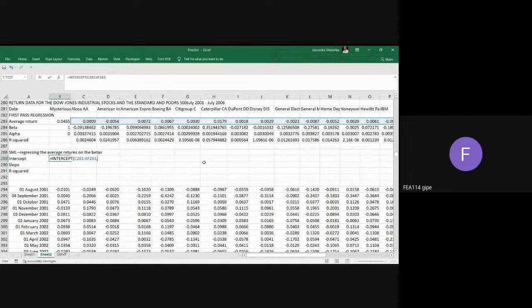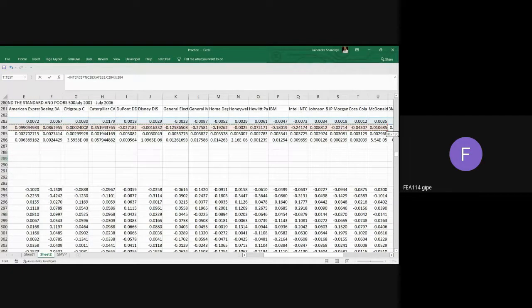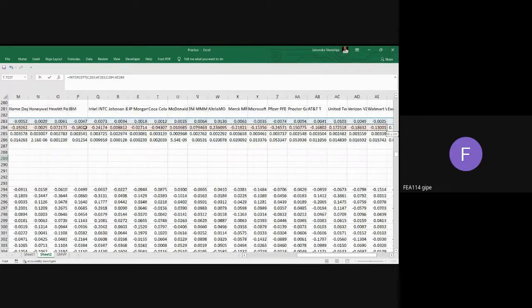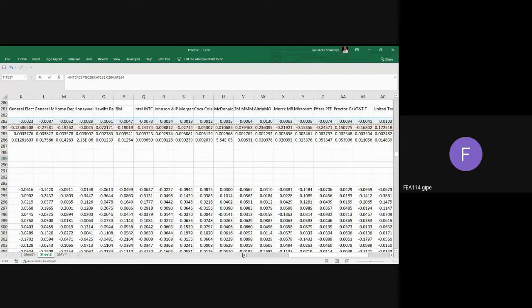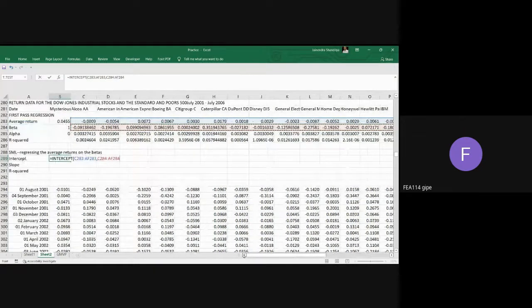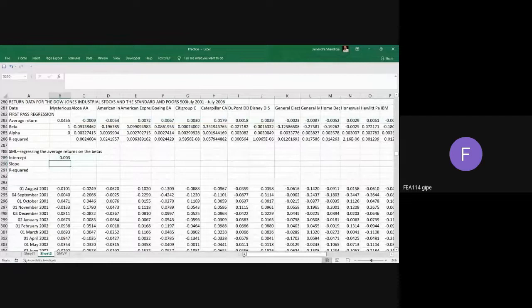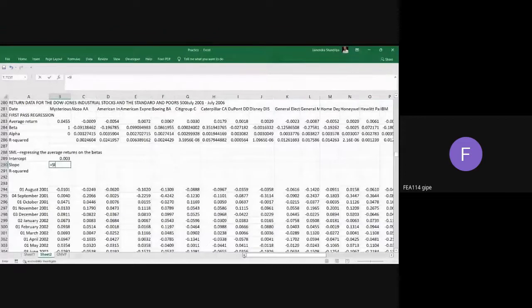Then this we have to regress on beta, which is here. If you do it, we get the beta for the second regression. We got the intercept, and then we have to use it for slope.